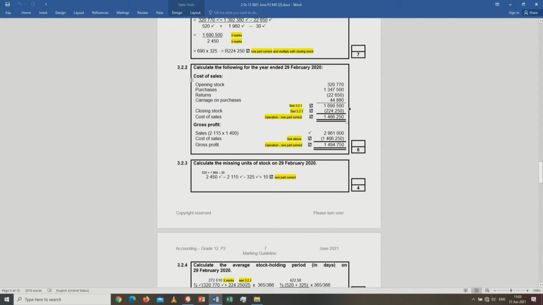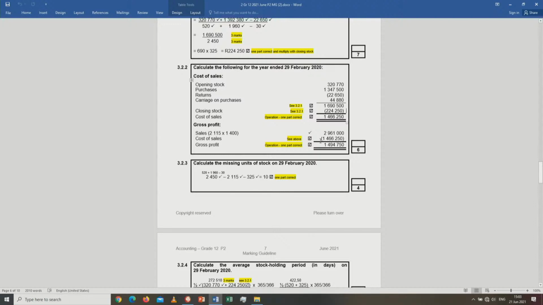Operation 1 mark correct, so 3 marks. So here is a good example of where a learner may get 3 marks even if it's not correct, right? Because this answer might be wrong, this one might be wrong, and he added the 2 wrong answers, then he gets a mark there as well. Okay. Sales, it must be 2,961,000 because that amount was given to him.